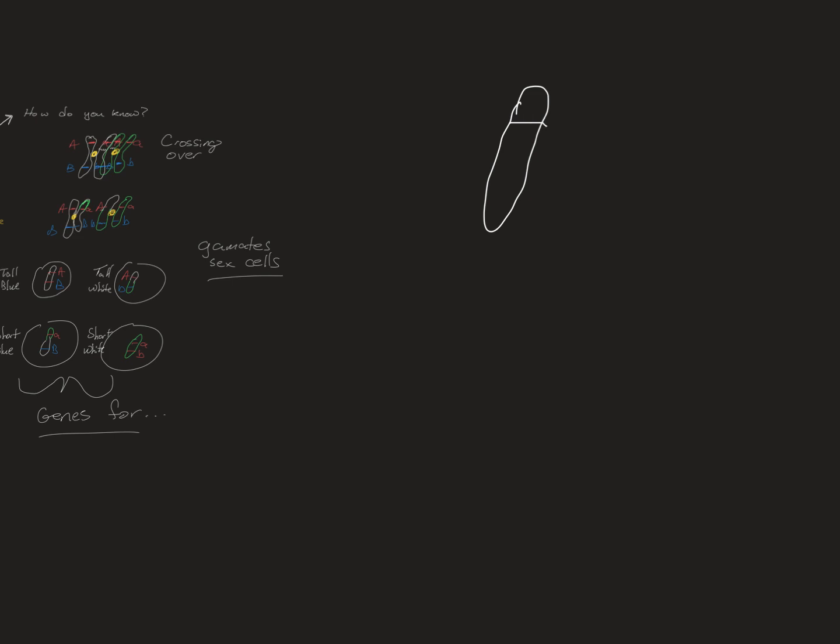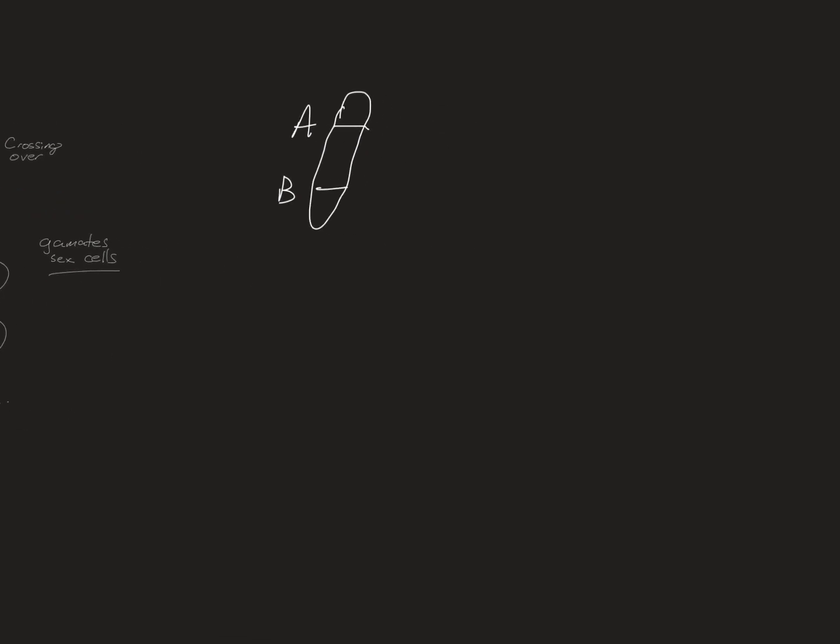If I have one big A here and maybe another gene here that's B, and I had another pair of genes A, and let's make this one C. So one gene A is this far away from B. One gene A is this far away from C. How often do you think there's going to be crossing over? Remember, crossing over is random.